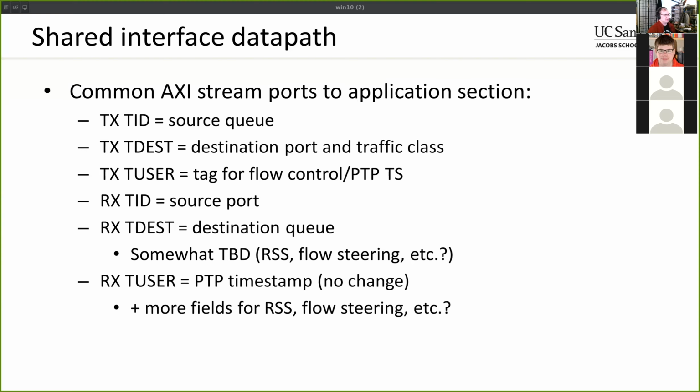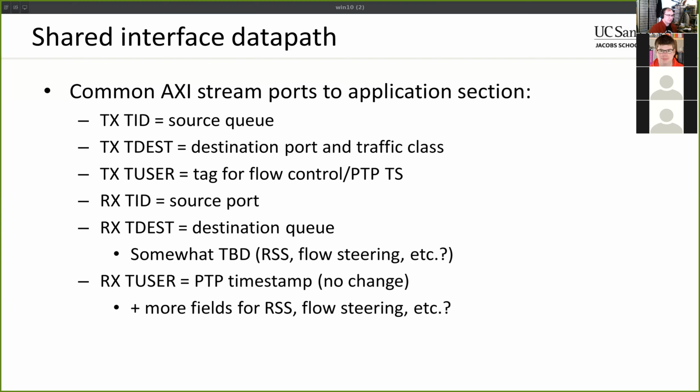That's potentially an option. Another option, maybe perhaps we want to set a few bits and let RSS compute the other bits. Not sure. So it's going to require a little bit of thought. I may need to add a few additional bits to TUSER, but this is kind of a preview of what's going to be coming.